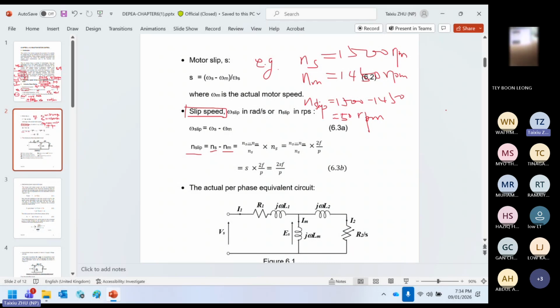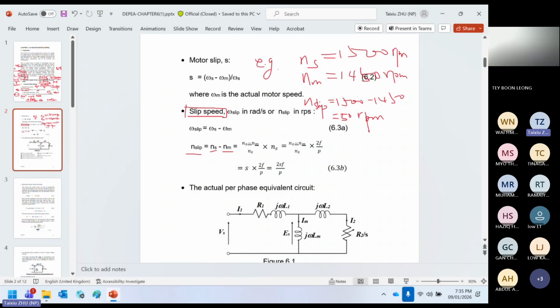In the induction motor, there is one speed called the synchronous speed, which follows the supply frequency. Then the rotor will also tend to rotate, usually at a speed lower than the synchronous speed.